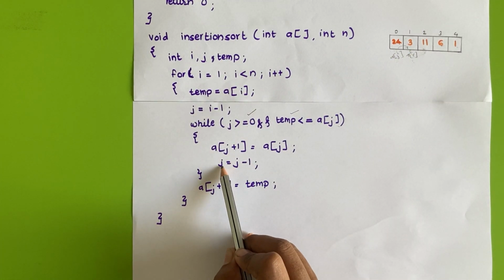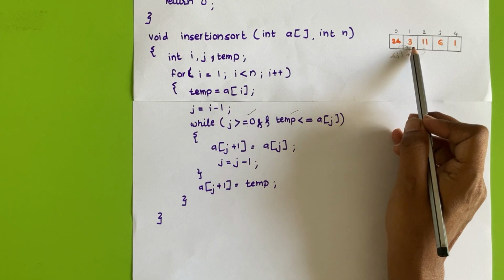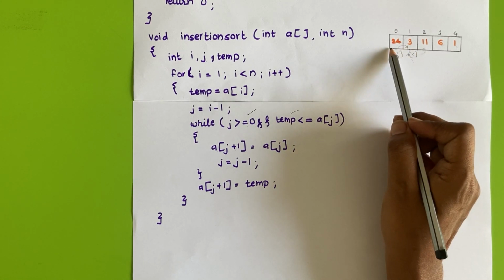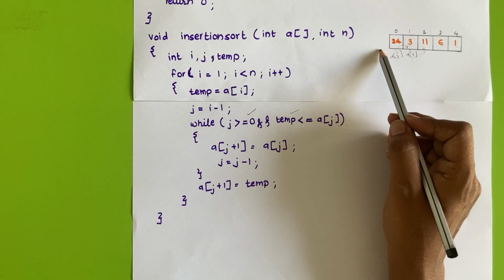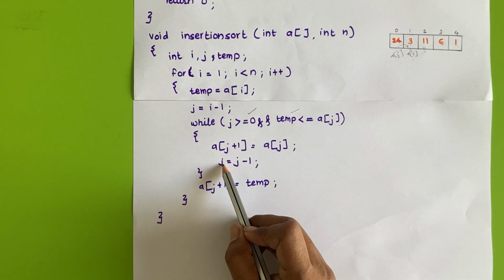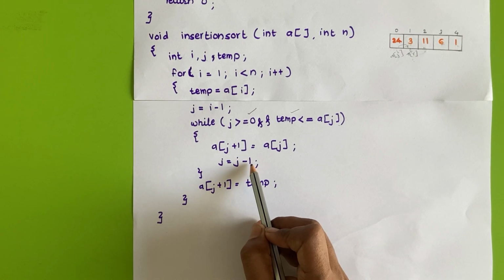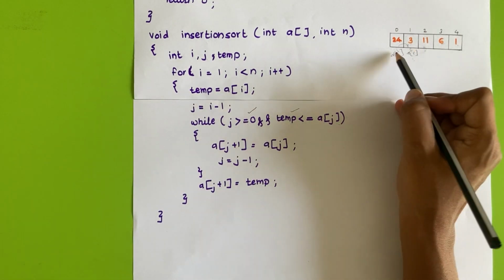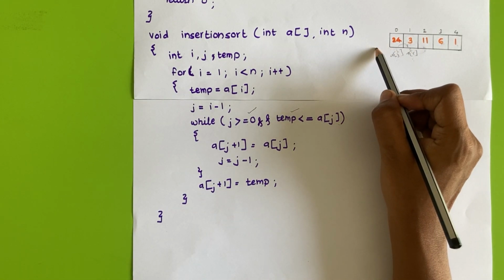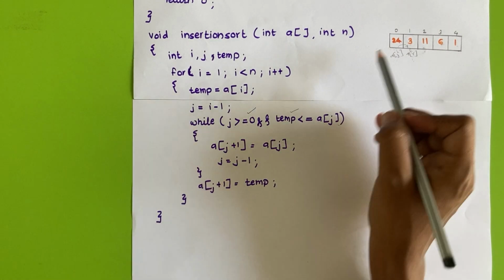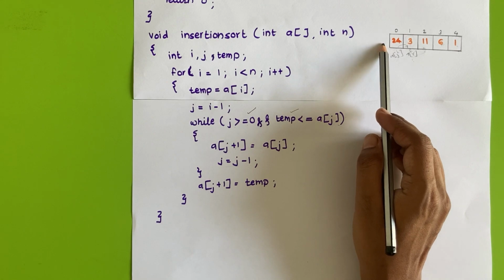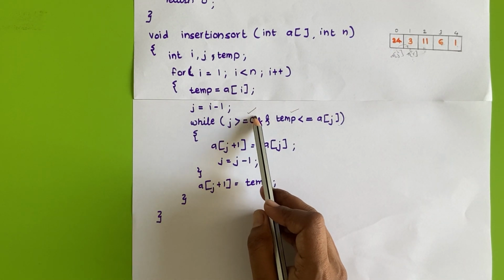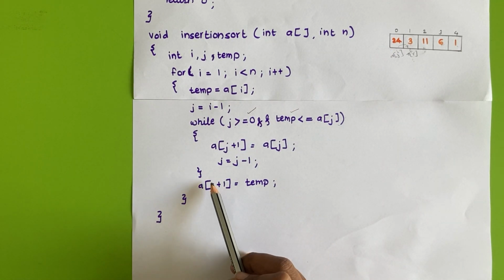Now we have to again compare the value of this 3 with the element at its left. First we have to check whether that element is present or not. So we have decremented the value of j, so j is equal to j minus 1. Again we have decremented the value of j as j minus 1, but now the value of j will be minus 1, and we don't have any negative index here, so this condition will not be satisfied and it will move outside this loop.